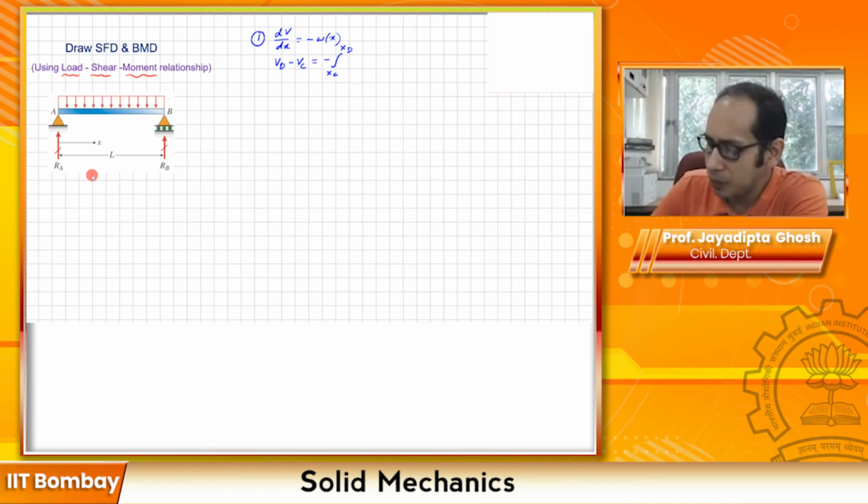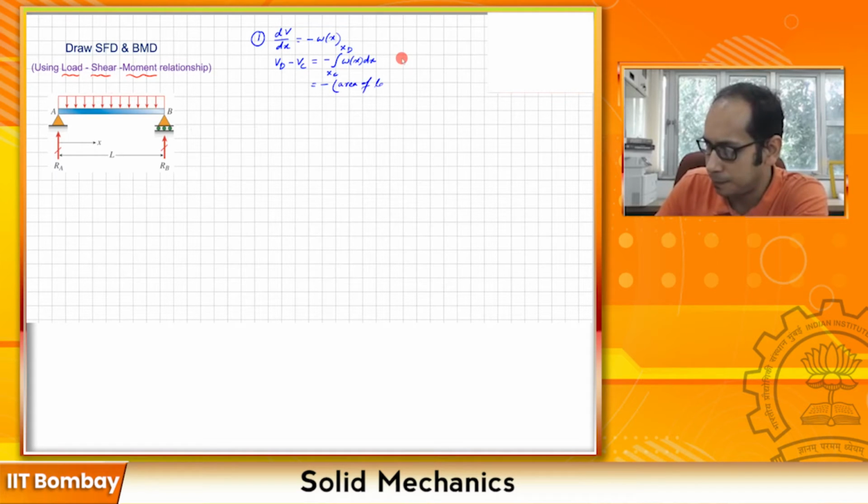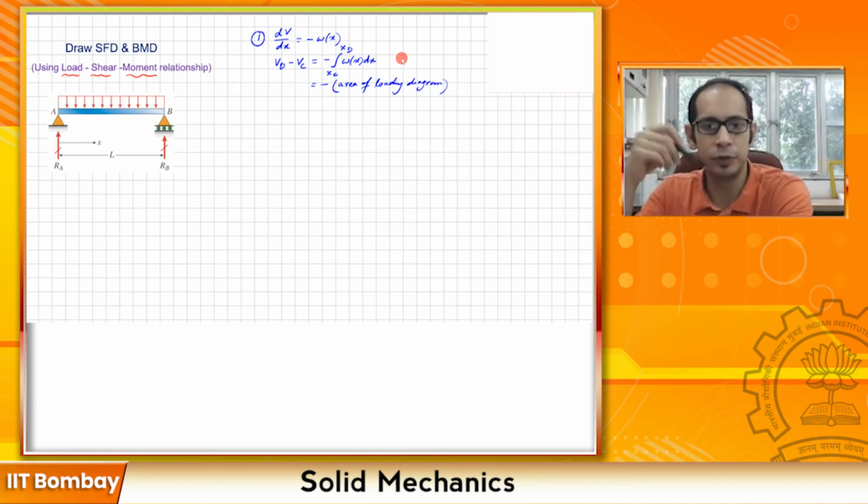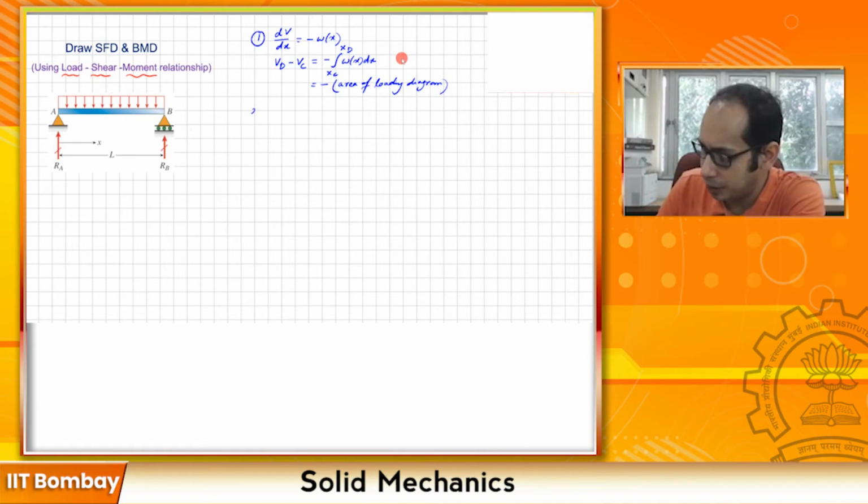Going back over here, we had the integral of w(x) dx, which, from this relationship, is the negative of the area of the loading diagram. We had looked at one more relationship, between the moment and the shear. Let's write that down as well.